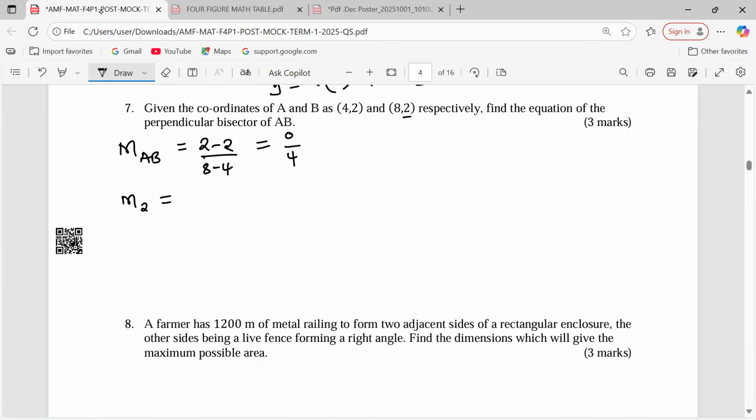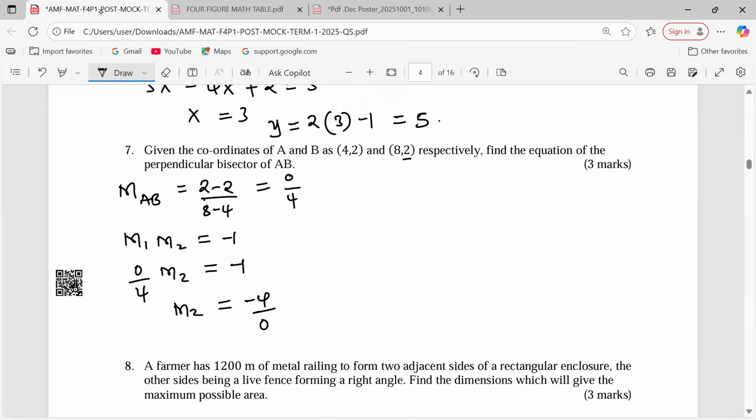You know that gradient 1 times gradient 2 should give us -1. So gradient 2 shall be -4 over 0, like that.